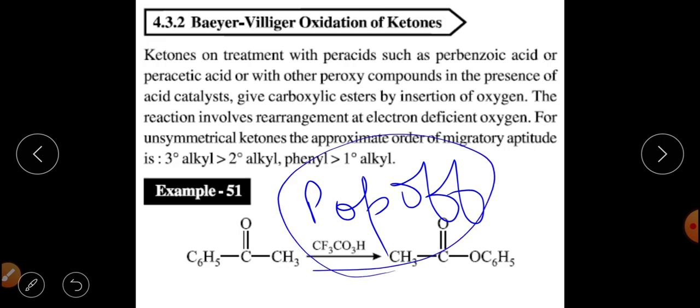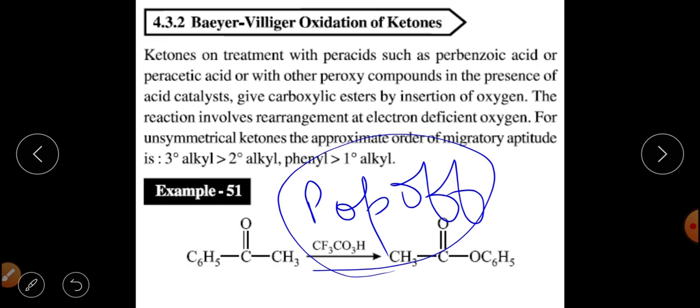According to this rule, during oxidation of unsymmetrical ketones only, the keto group, the C double bond O group, will always stay with the smaller alkyl group. That will go with the smaller alkyl group.